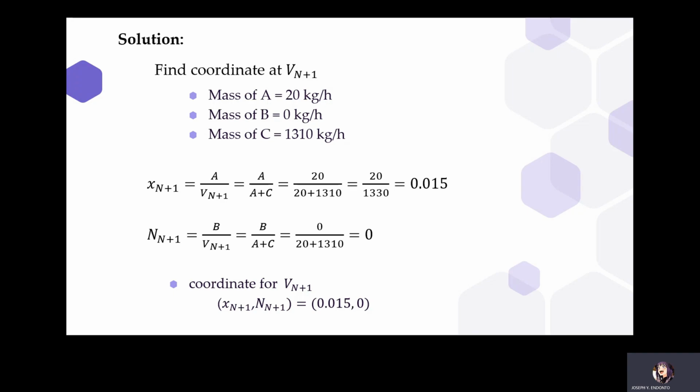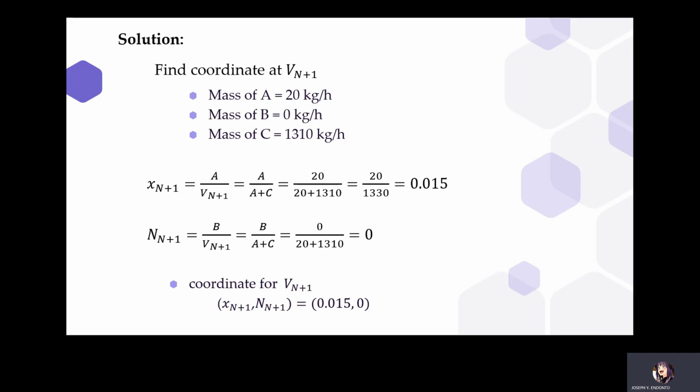So in getting the value of x sub n plus 1, which is in the form of A over V sub n plus 1, which can be taken from the formula of A over A plus C. So as you can see here, 20 is equal to A. So 20 plus 1,310, which is equal to 1,330. Then 20 divided by 1,330 is equal to 0.015. So the value of x sub n plus 1 is equal to 0.015.